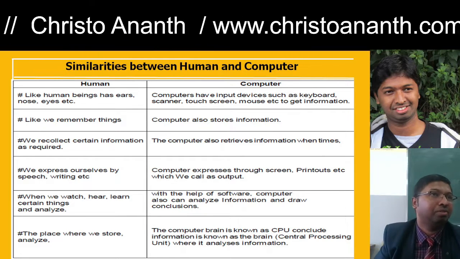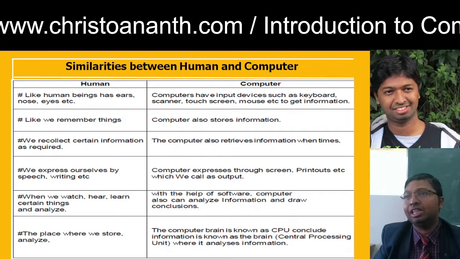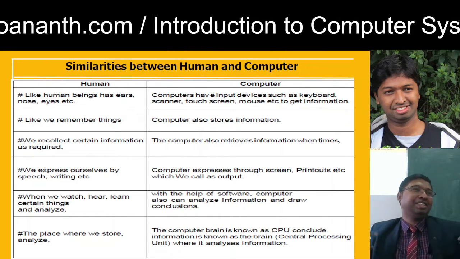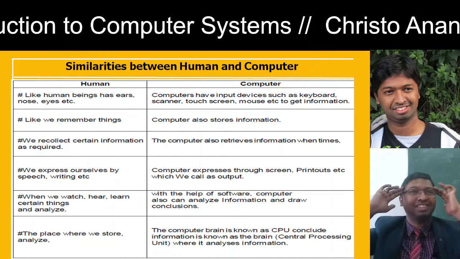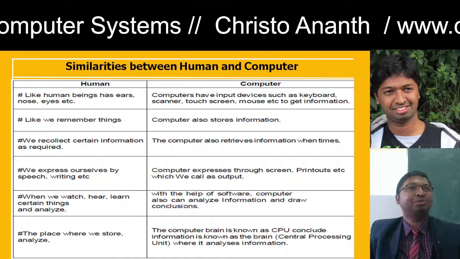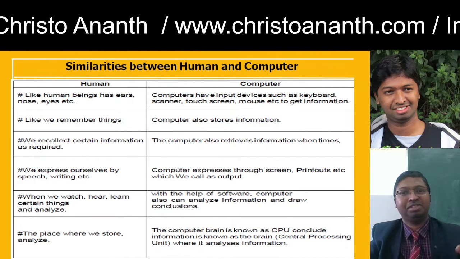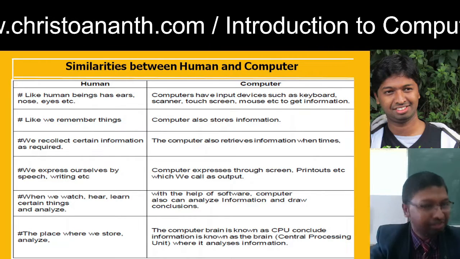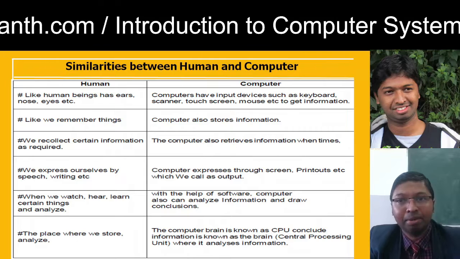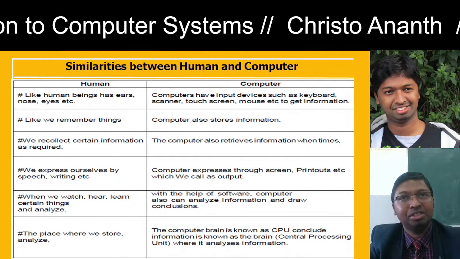Similarly for us also. If I have to go to the university, handle class for you, I cannot wear a shirt and shorts and come. Immediately my brain will process, okay, I should wear a coat, I should wear a suit. Similarly, computer also has programs. Okay. The place where we store and analyze, we have the human brain. Computer is going to have a CPU.